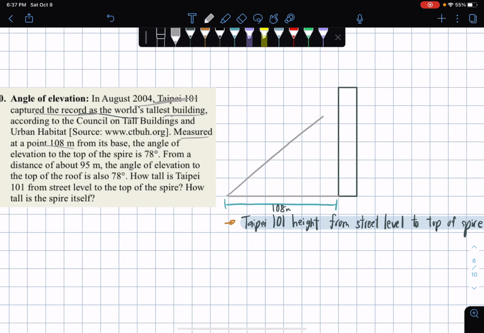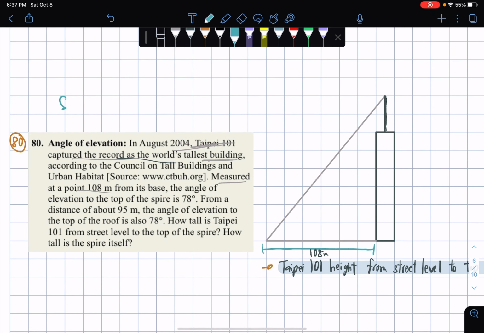And the angle of elevation to the top of the spire. So let's say this is the spire of the building. From what I know, and what my classmates also know, spire is also known as pinnacle.